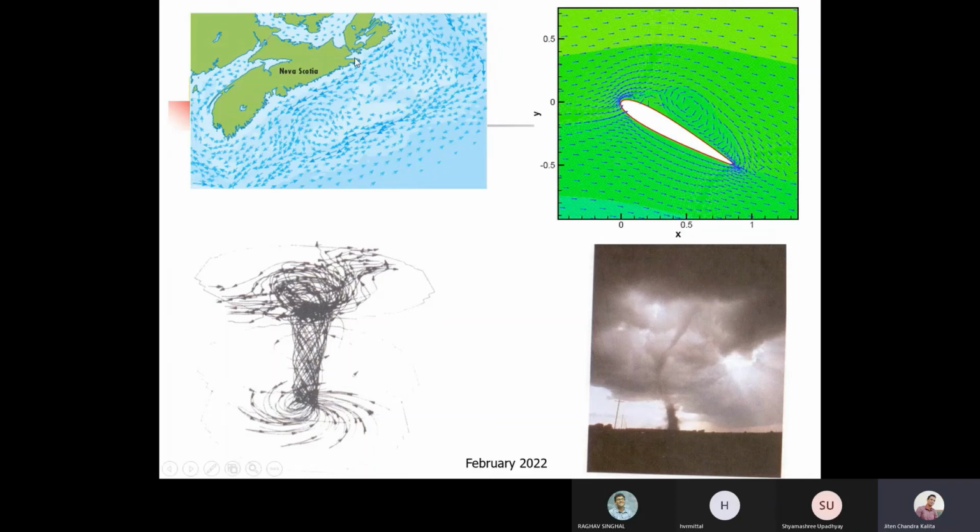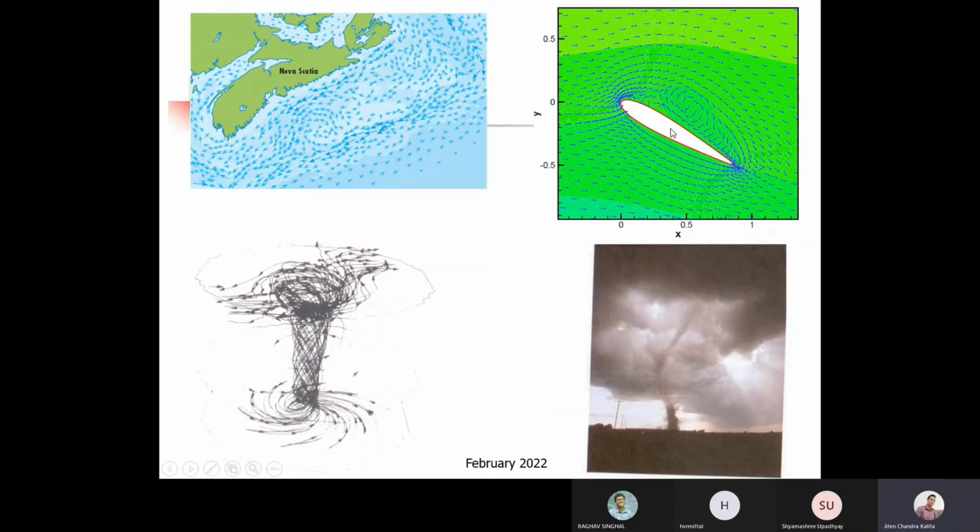So here you can see Nova Scotia, and this is a part of Canada. And here you can see the ocean current. Ocean currents have been designated by the velocity vectors at different locations in that geographical area. So you can see some vectors.